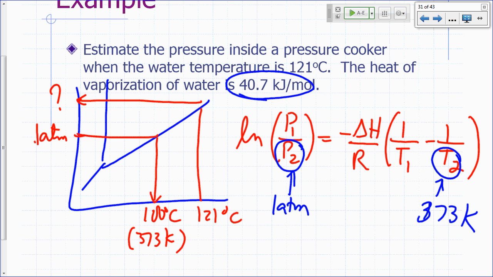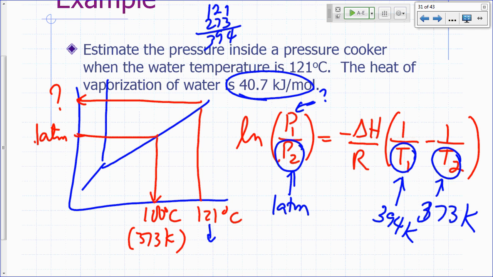And so the question is, if T1 is 121 Celsius, what's that in Kelvin? 121 plus 273, 394. So if T1 is 394 Kelvin, what is P1? And I'm given the delta H vaporization is 40.7 kilojoules per mole. So I know everything here. I can solve for P1.